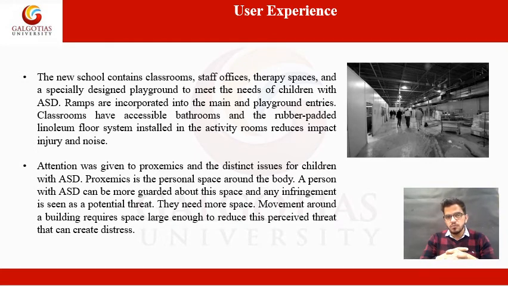There are some conditions in ASD where the child or person with ASD has a particular space of their own, which is termed proxemics. Proxemics is the person's space around the body. Each user has a personal space, called proxemics. For ASD users, this space is much more private than for a person without ASD.